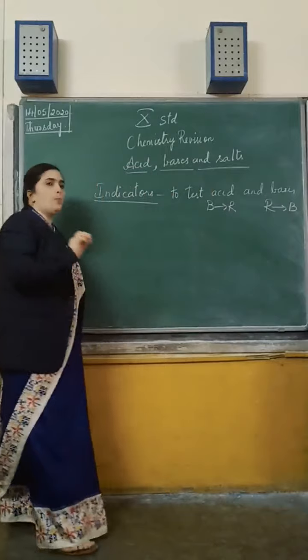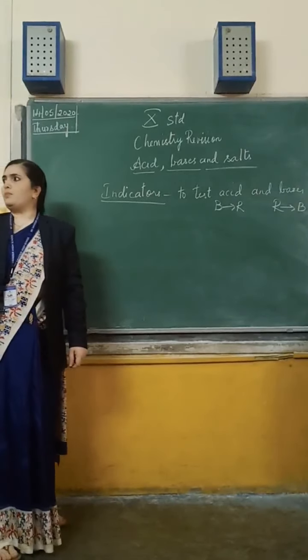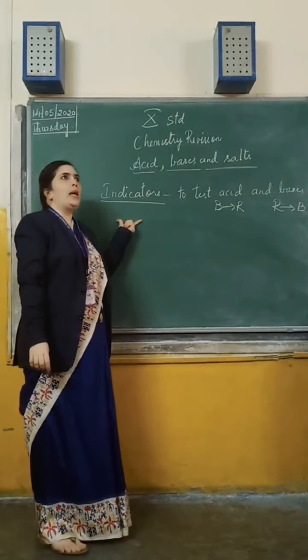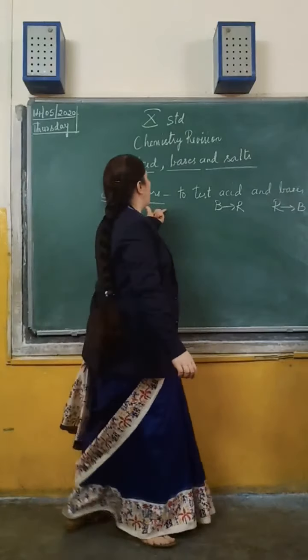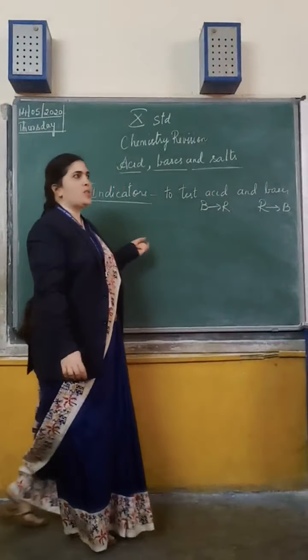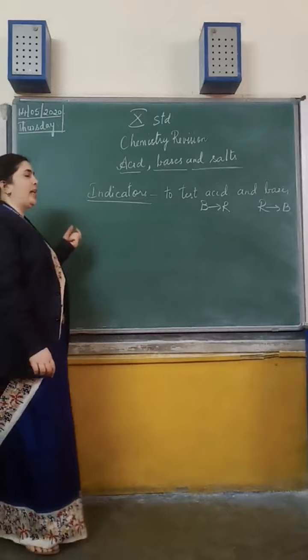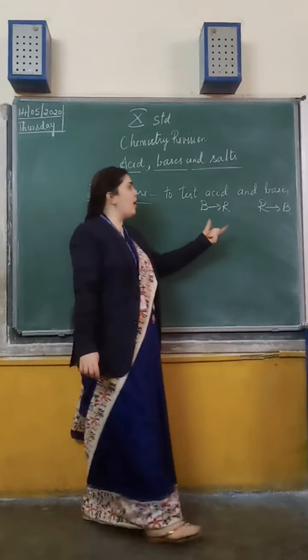Litmus paper is one such indicator, made from an extract from lichens, which is used to test acid and base. We have discussed in detail in the class whether a given solution is acid or base. Indicators tell you only whether the given solution is acidic or basic.